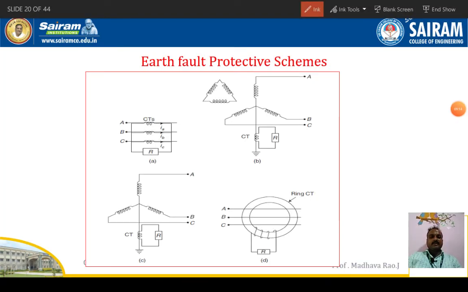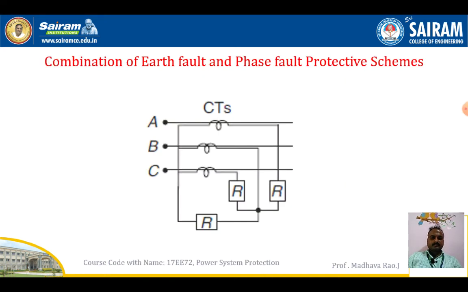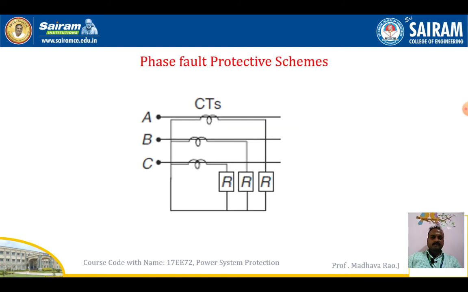Next we will see the phase fault protective schemes. In phase fault protective schemes, each phase carries one relay. In earth fault we use only one relay, but in phase fault all phases carry one relay.